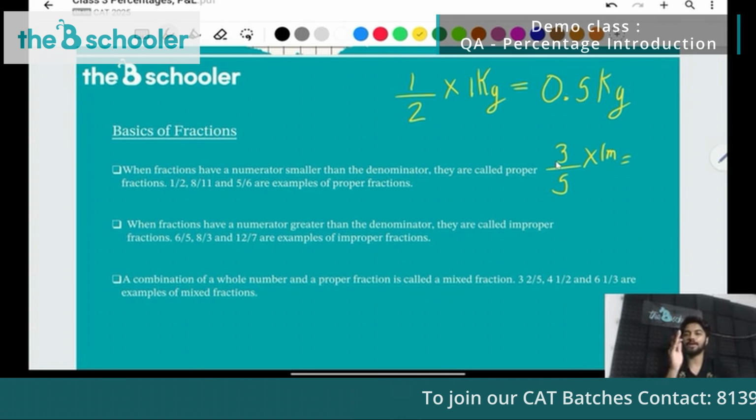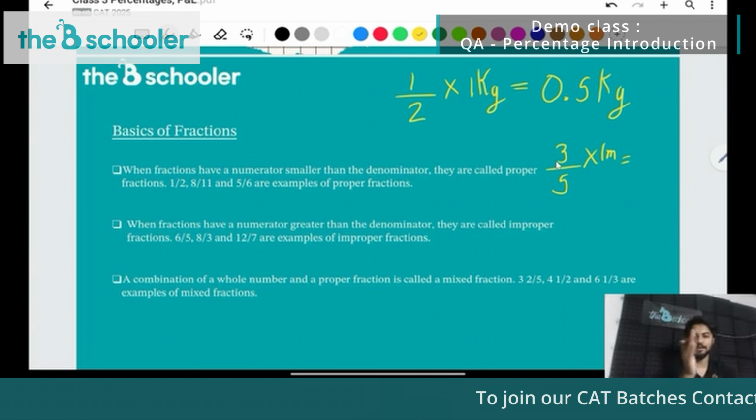What do we do? Take the 1 meter rod, divide it into 5 equal parts, and pick only 3 parts. When we take 3 parts, what is going to be the length?